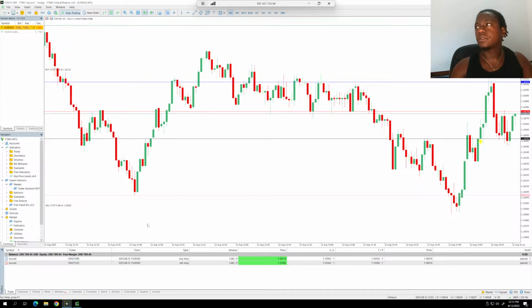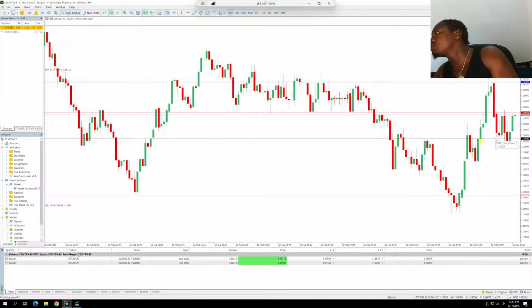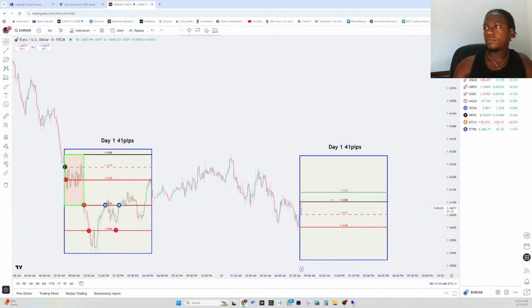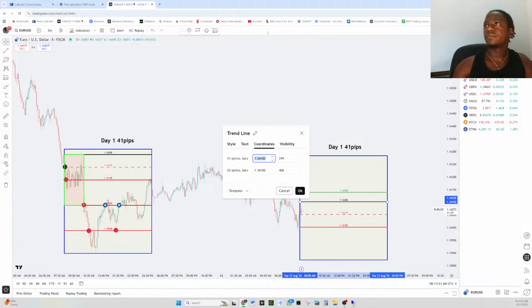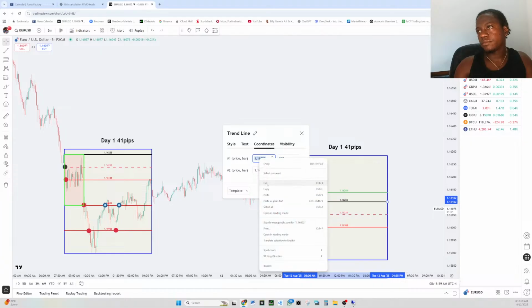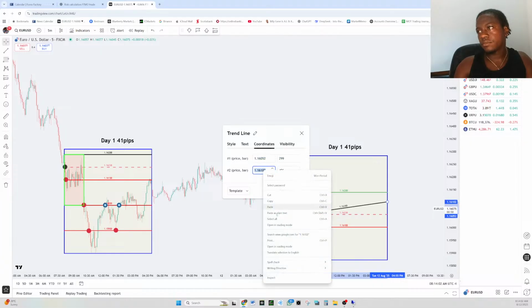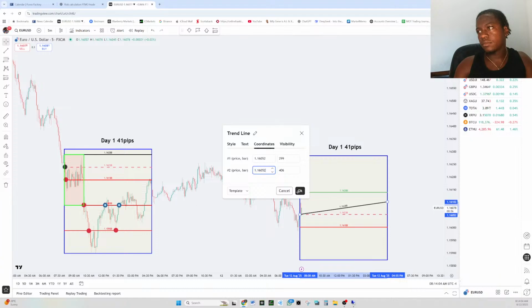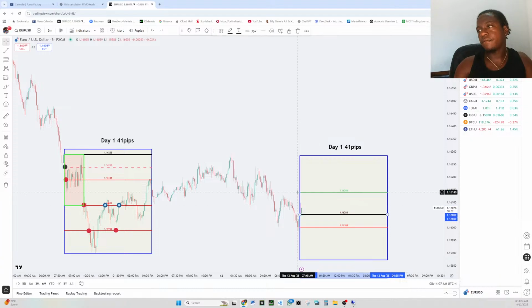What price? 1.16052. Let me move that line because they're right on top of each other.